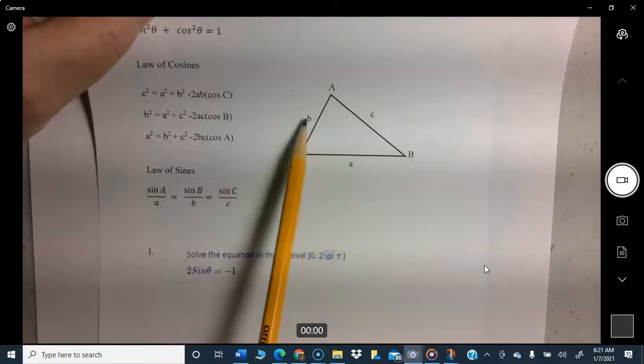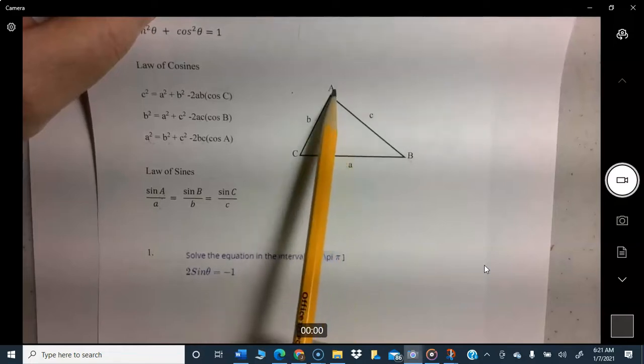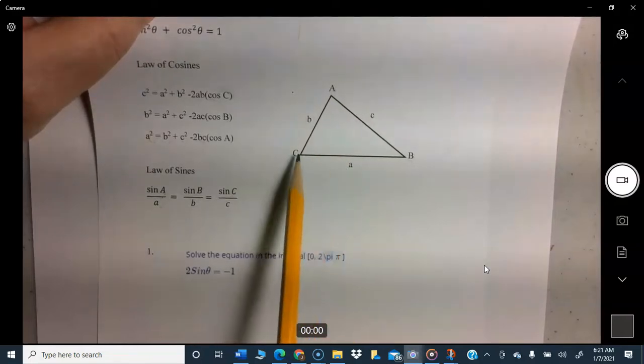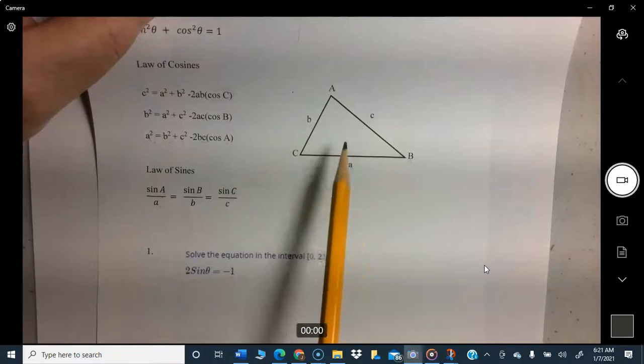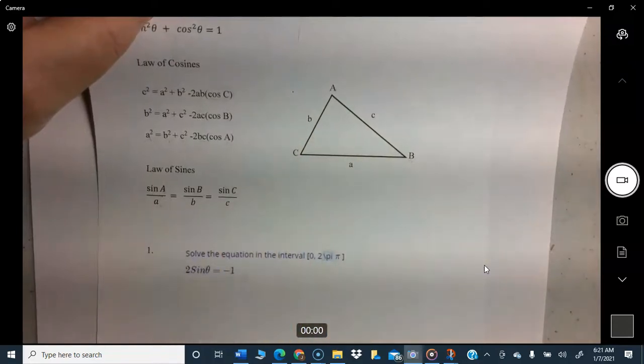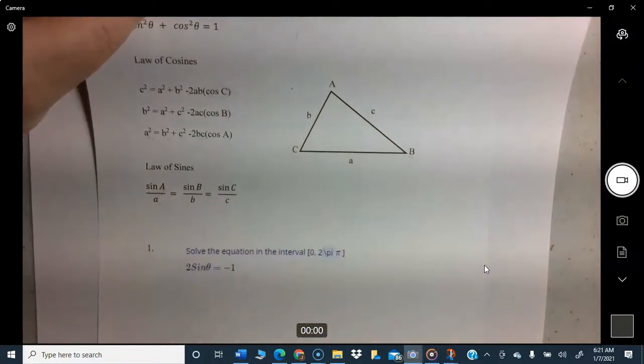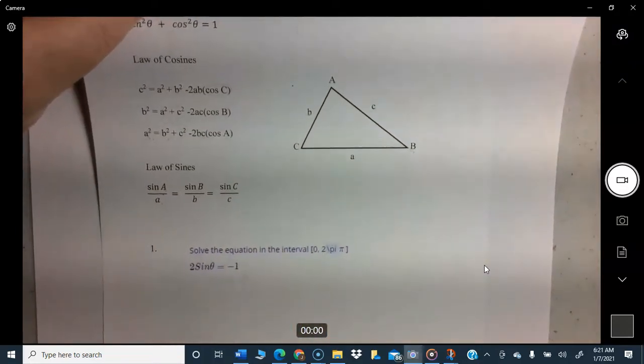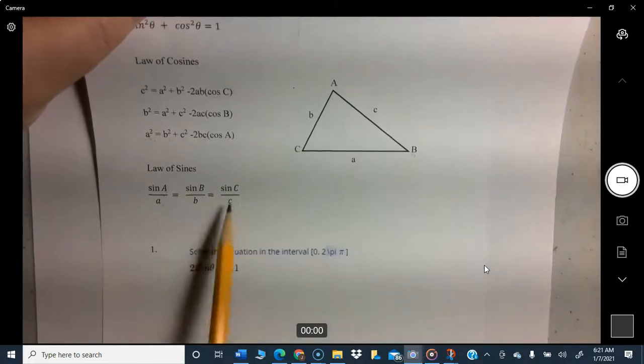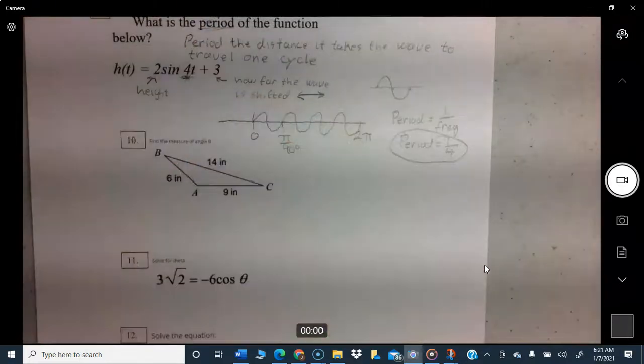Here's angle B, here's side B. Here's angle A, here's side A, and here's angle C, here's side C. So the sides are always on the opposite side of the triangle from their corresponding angles. Let's see if we can use the law of sines because it's easier if we can.